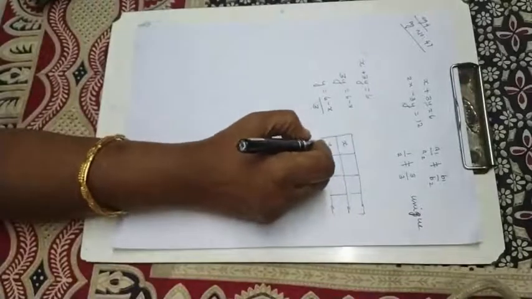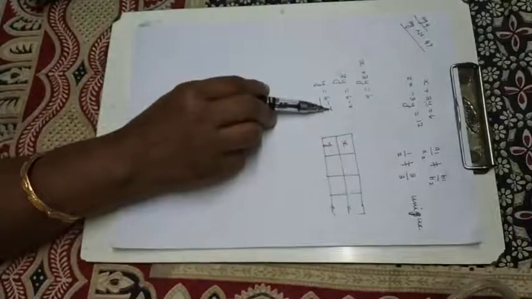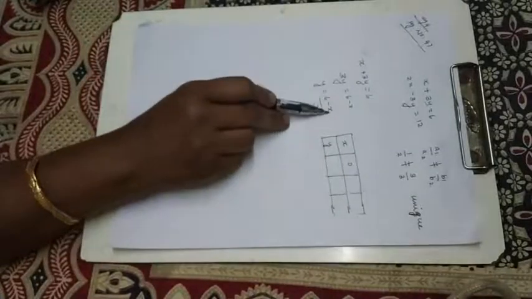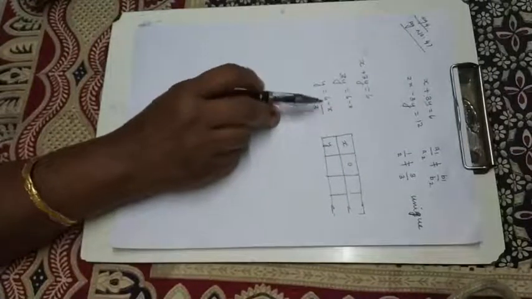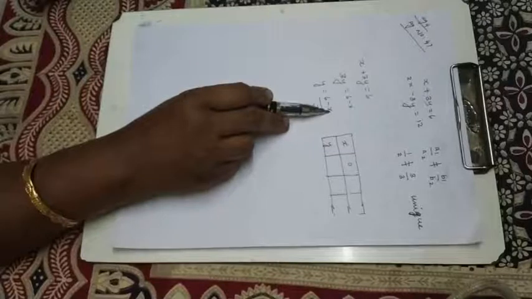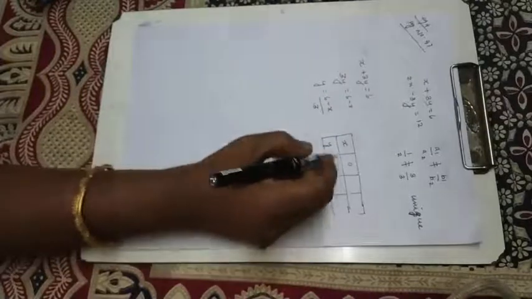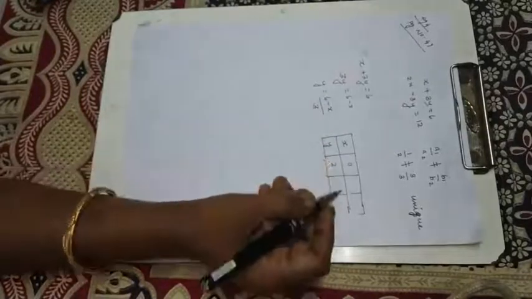First put x is equal to 0, so you will get 6 minus 0 by 3, that is 6 by 3, which is 2, so y is equal to 2.